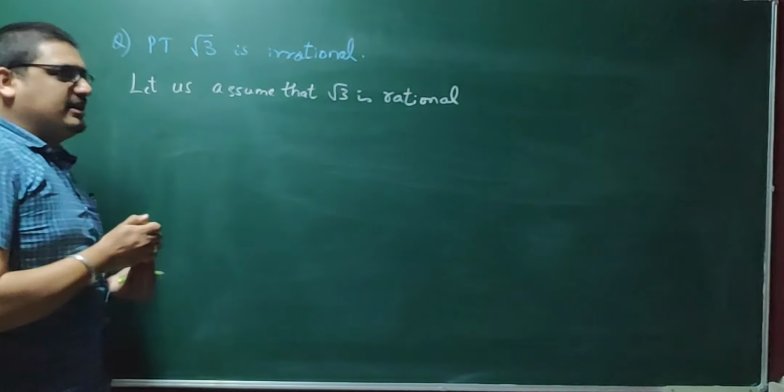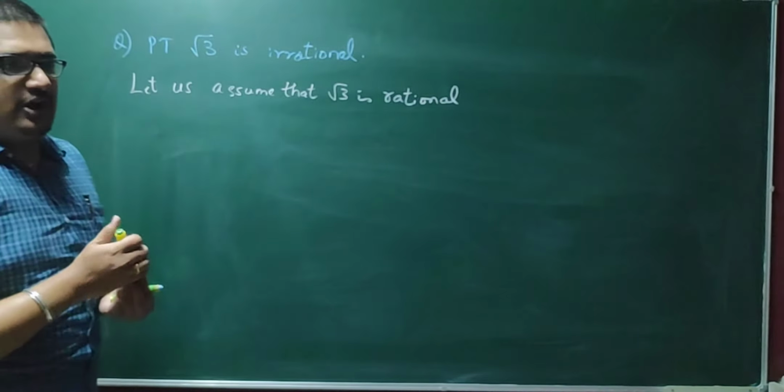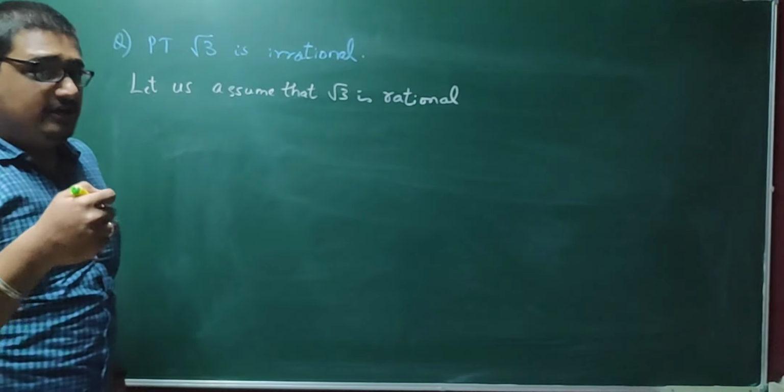If root 3 is rational, we know that it can be expressed in the form of P by Q, which is from the definition of rational numbers.